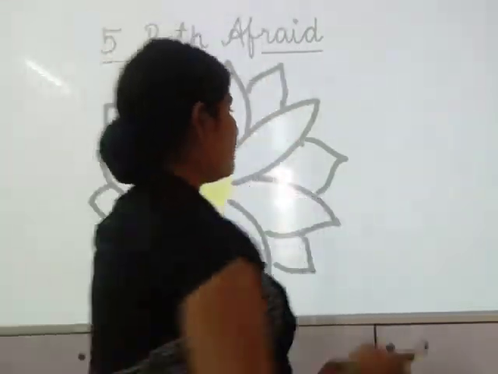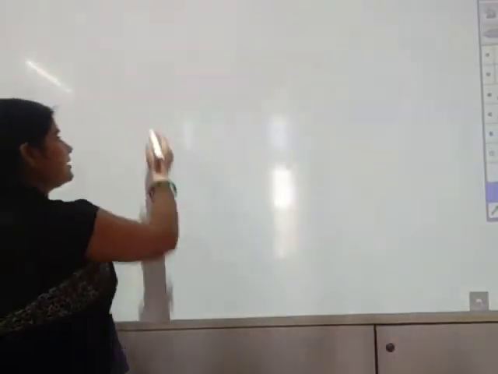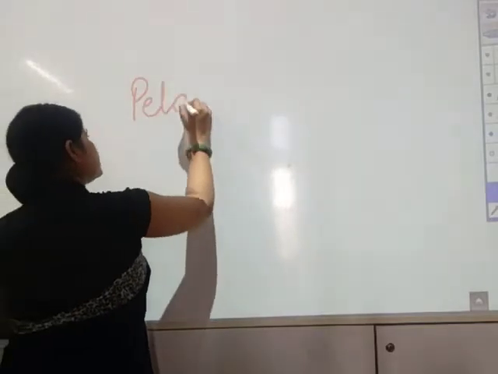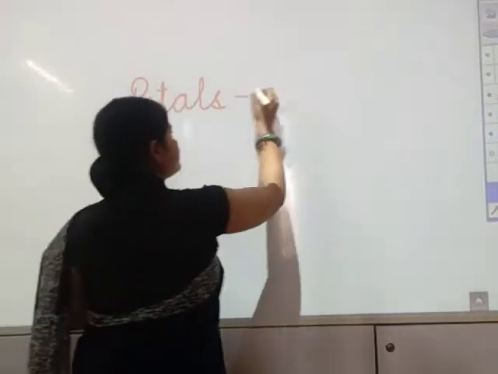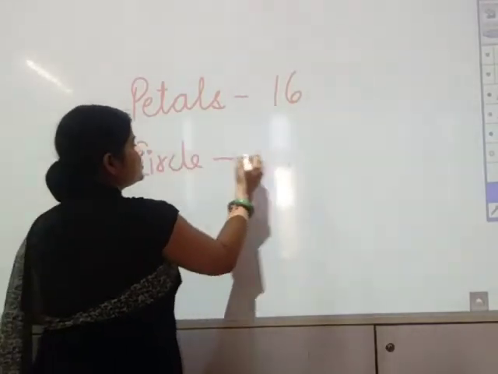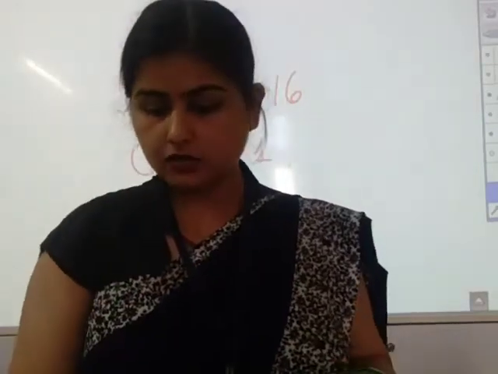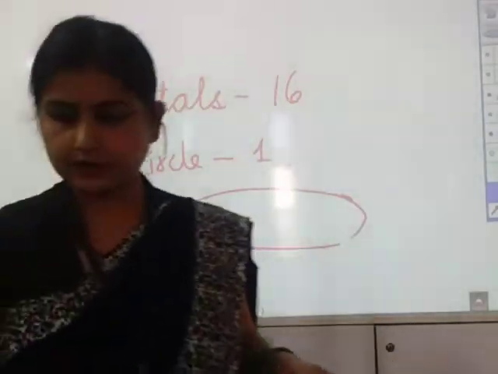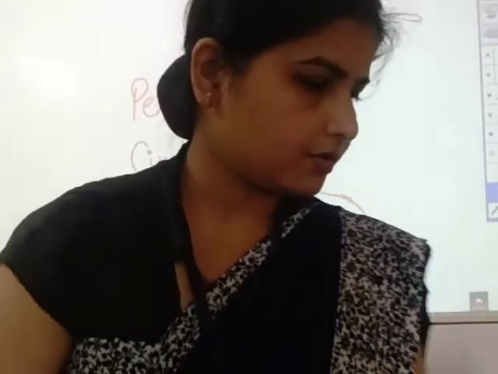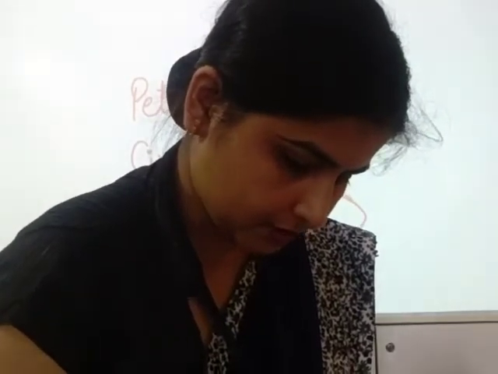So the first thing that we need for carrying out this activity is you need to cut petals, and I am going to cut 16 petals and a circle to make the middle portion of the flower. So I have to cut the paper in this shape. So here I am cutting the paper in this shape, and I will show you how my paper looks.